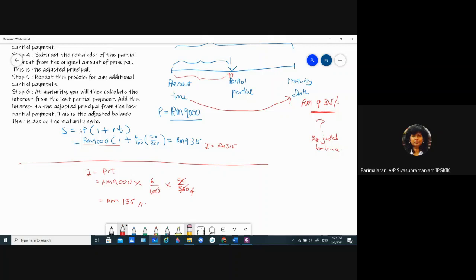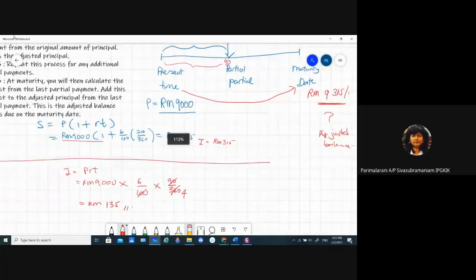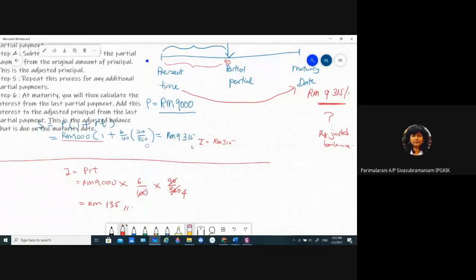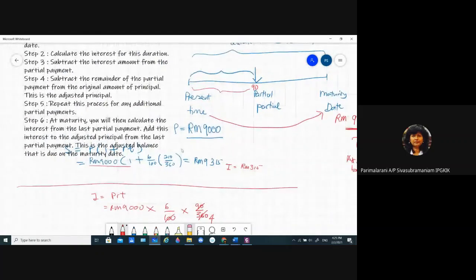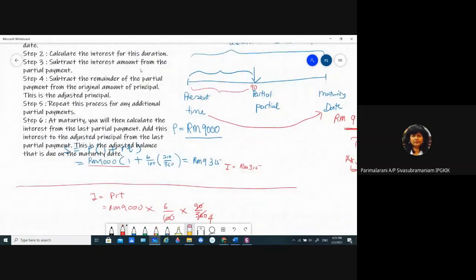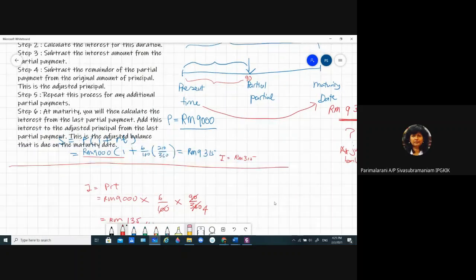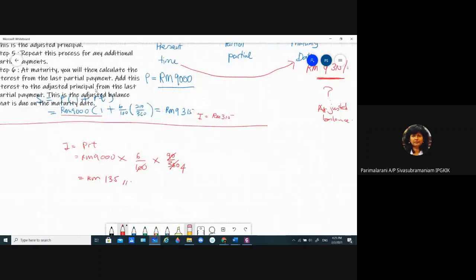Now we want to subtract the interest amount from the partial payment. So when we subtract the interest from the partial payment, what do we get? How much is the partial payment? 2,000 minus 135.